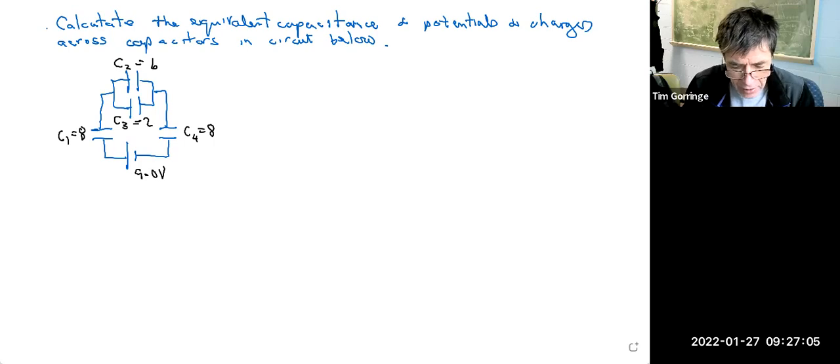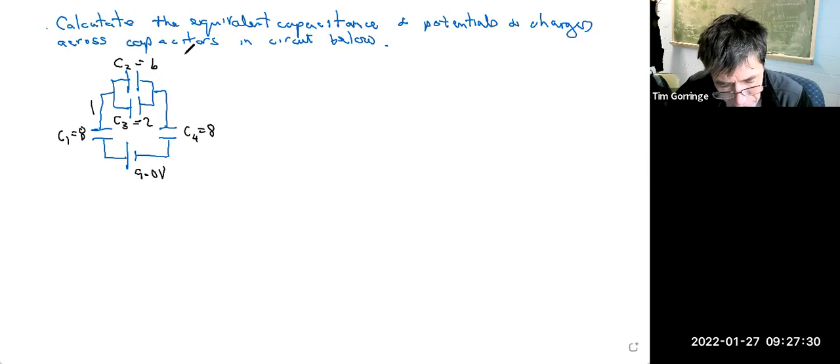Now, the circuit is shown in this little sketch here. We've got a 9-volt battery that supplies a potential and supplies charge to the circuit. And then we've got an arrangement of 4 capacitors shown here. And you'll notice that these 4 capacitors have different values.